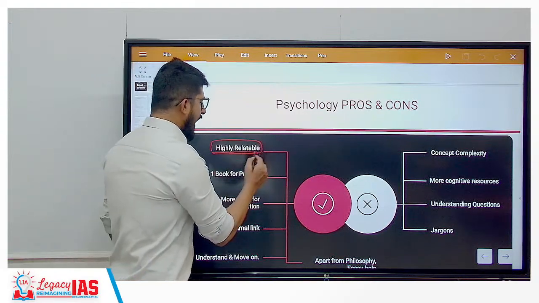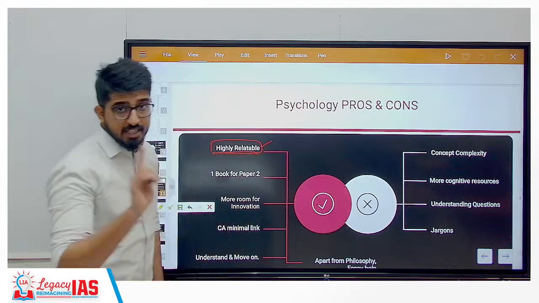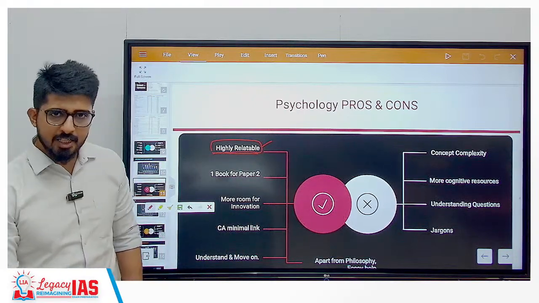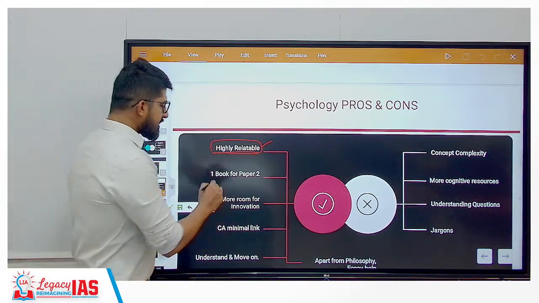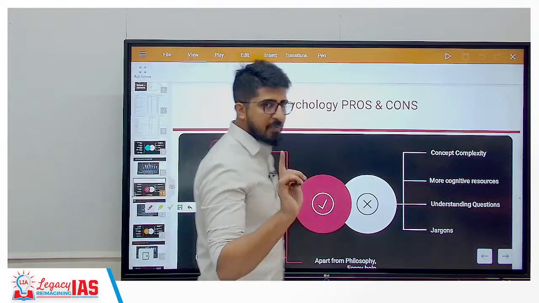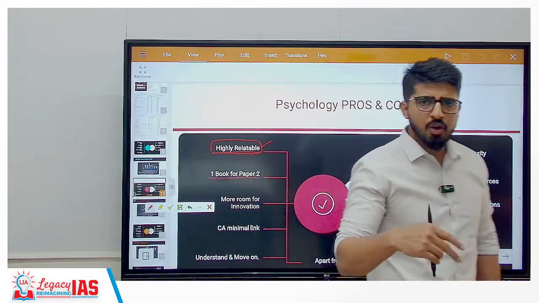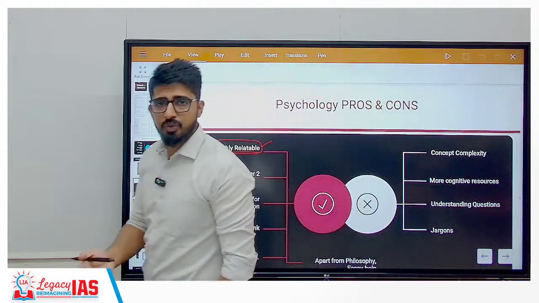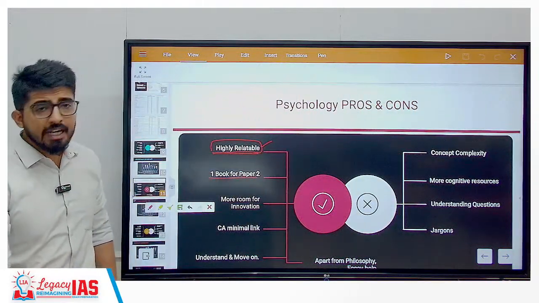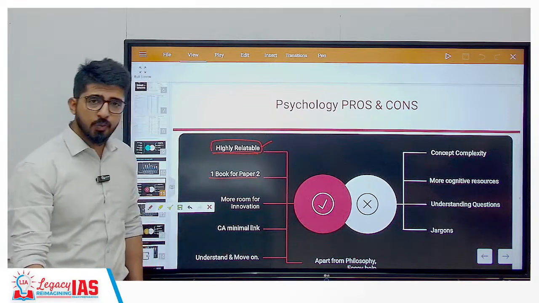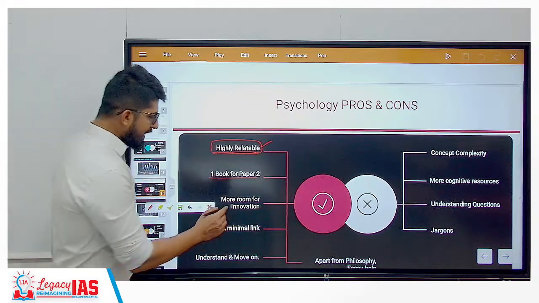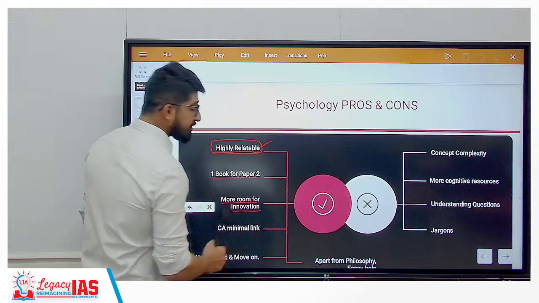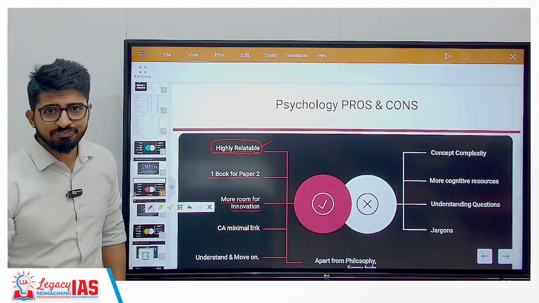So why they do what they do as an individual. It is highly relatable. Second, there is only one book for paper 2, and along with that, the content that is available in the classroom. Apart from that, you don't get much of it from paper 2. Third, more room for innovation while writing the answers.